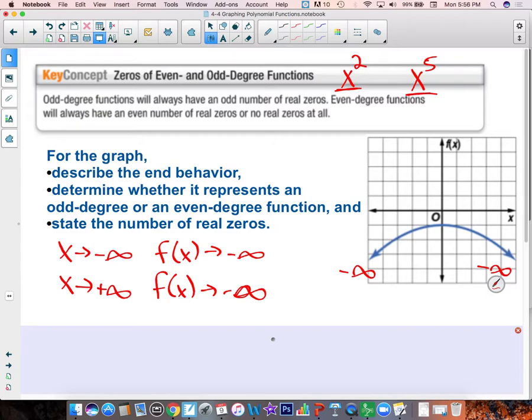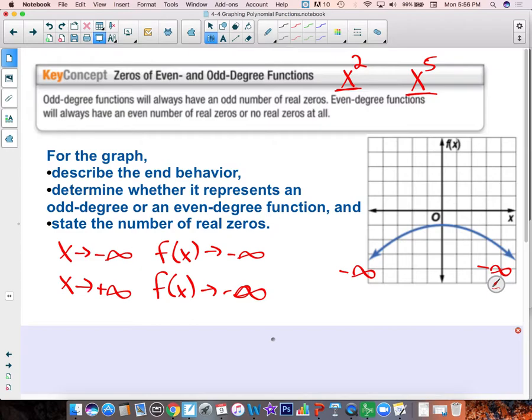For the second part, determine whether it represents an odd degree or an even degree function, and then state the number of real zeros. Thinking back to that chart, you have to look at the end behaviors. They're both going in the same direction, so it looks just like a parabola.